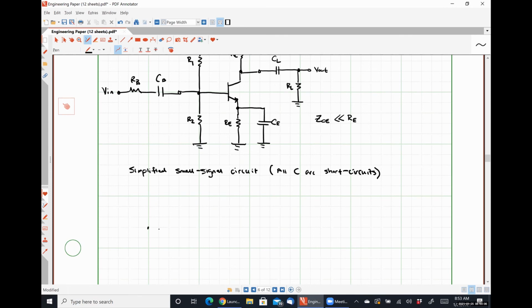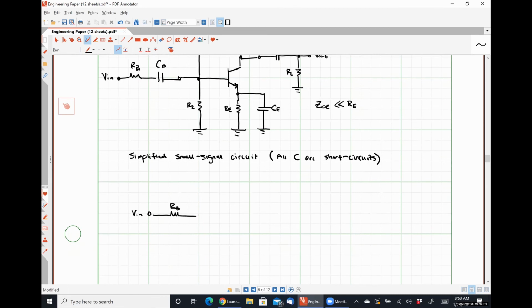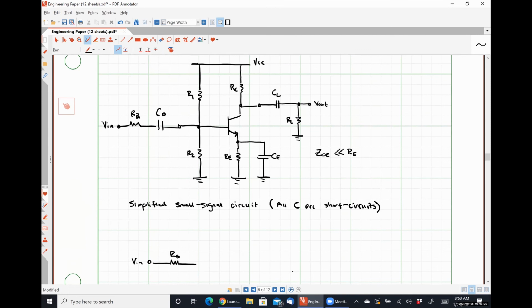So that means we're going to have something that looks like this. We have our input voltage. We have that base resistance. All right. So what happens with the resistors R1 and R2 in the small signal model? If we zero out VCC, what's the relationship between R1 and R2?